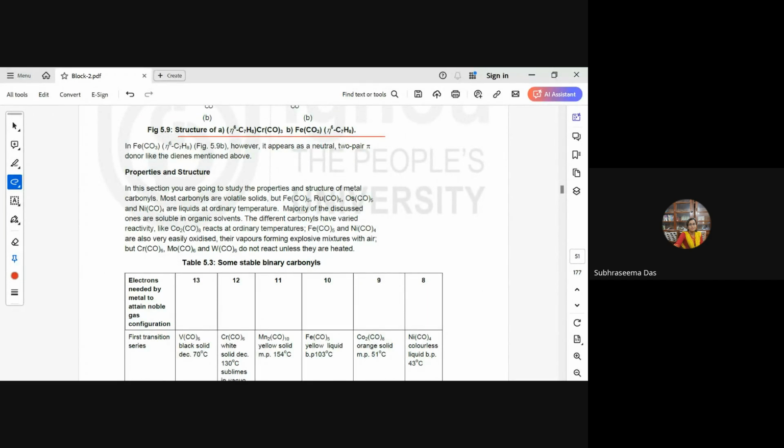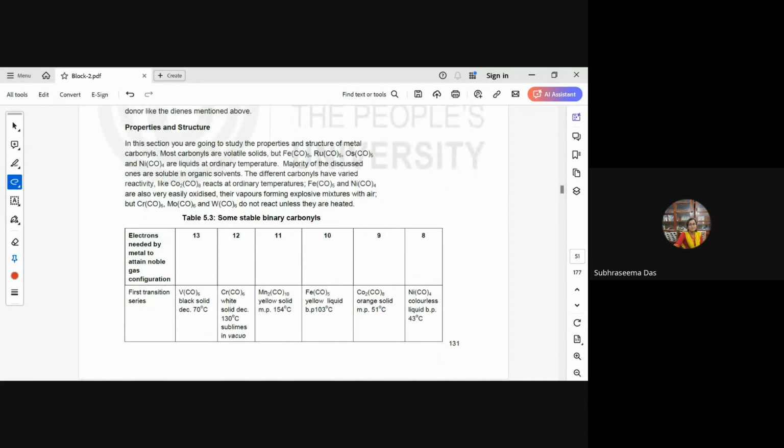Now in this section on properties and structure, we will study some of the common properties of binary carbonyls. Most carbonyls that we come across, like Fe(CO)5, Os(CO)5 and nickel tetracarbonyl, are all liquids at ordinary temperature. However, other carbonyls like Co2(CO)8 react at ordinary temperature.